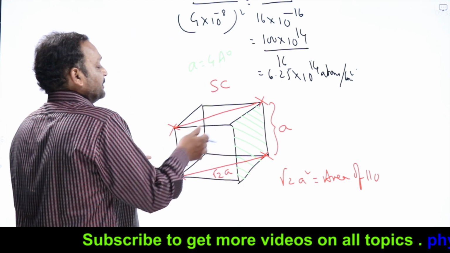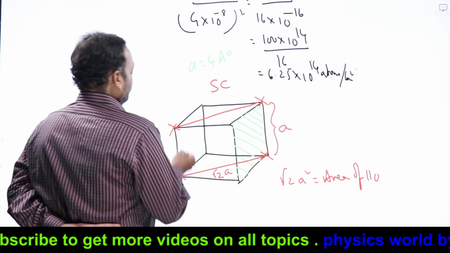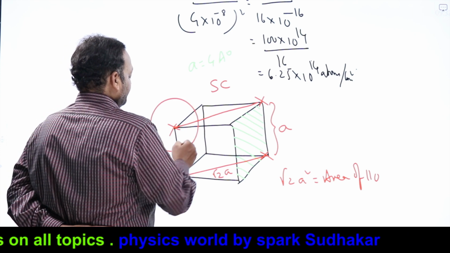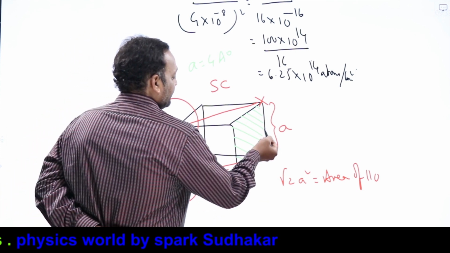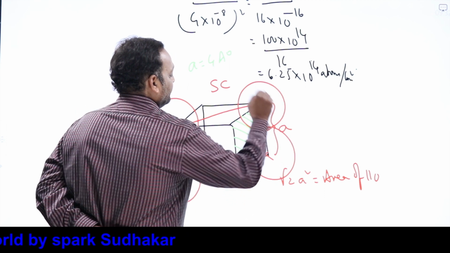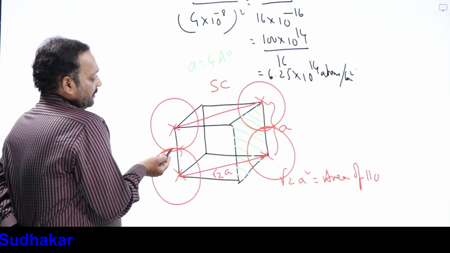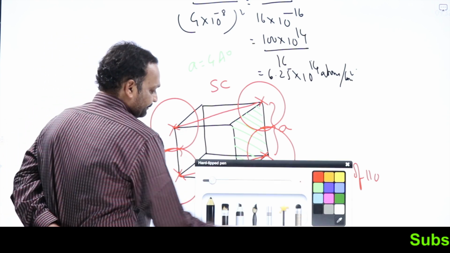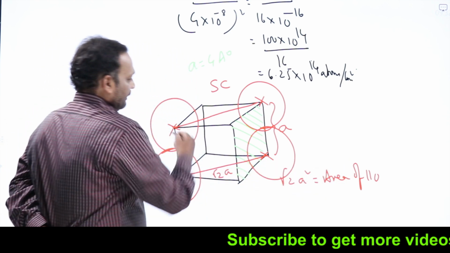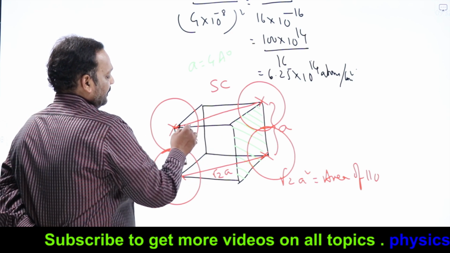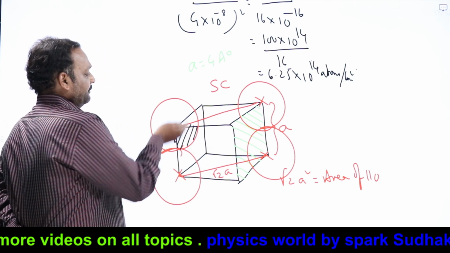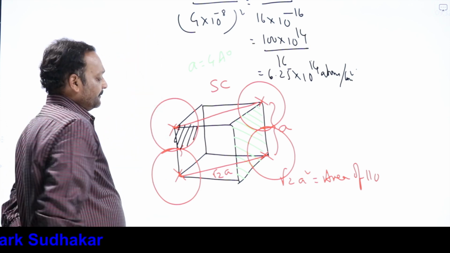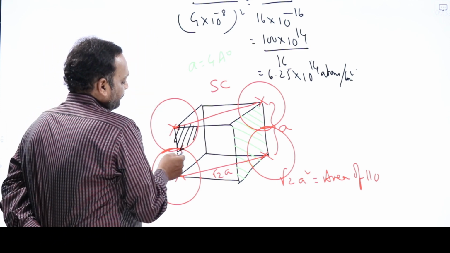Root 2 A square area effectively contains how many atoms? Now look at this atom. When a lattice point is here, the atom will be like this, and here also the atom will be like this. In our 110 plane, only 1/4 of the atom is effectively coming, the remaining 3/4 is shared by other unit cells, other planes, etc. So from this atom only 1/4 I am getting.